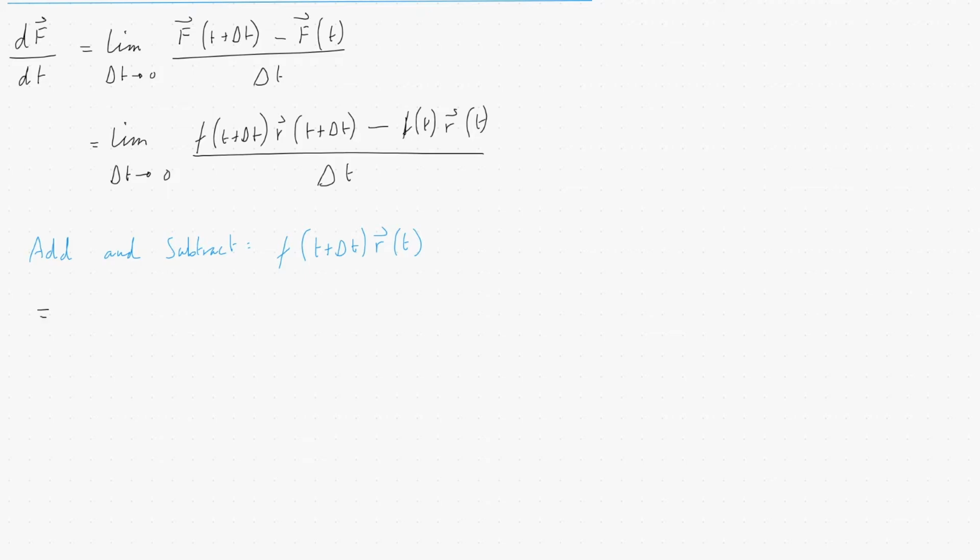So, with this in mind, the limit as delta t goes to 0, and adding this in, sorry, I should have specified that this is all over delta t to make any sense.